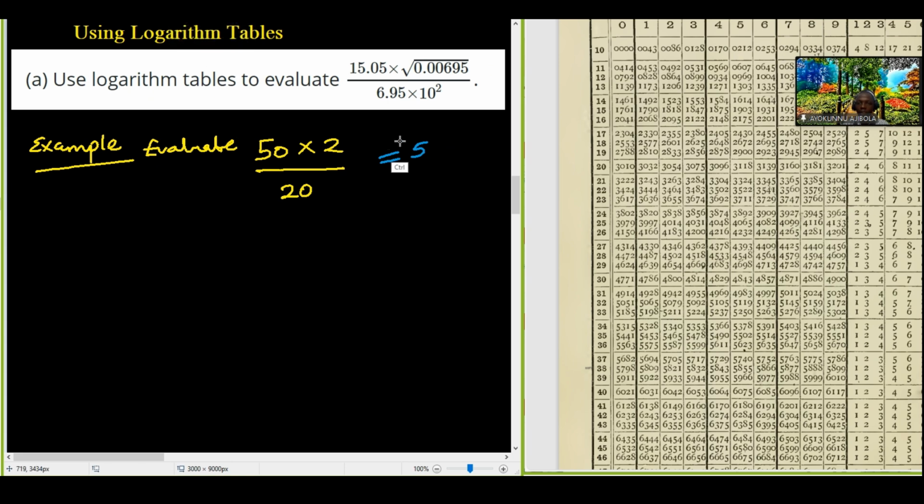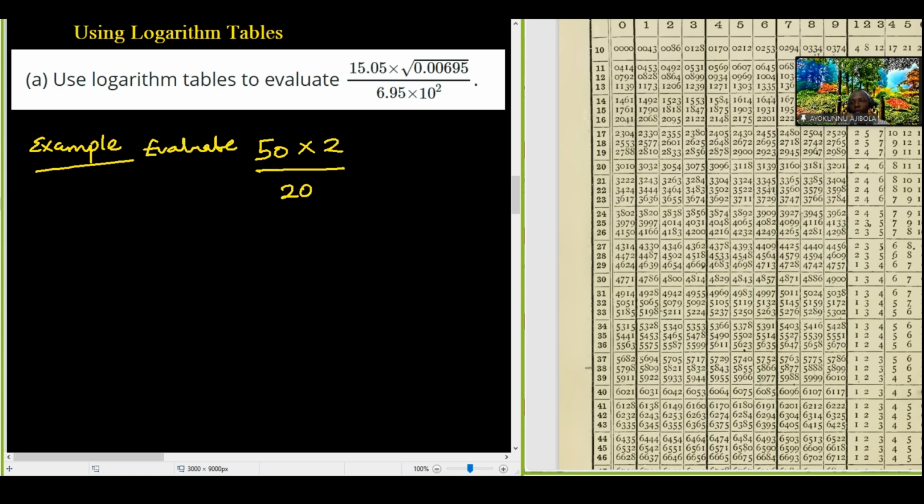If they give us something like to evaluate 50 times 2 divided by 20, 50 times 2 is 100, and 100 divided by 20 will give us 5. Yes or no?